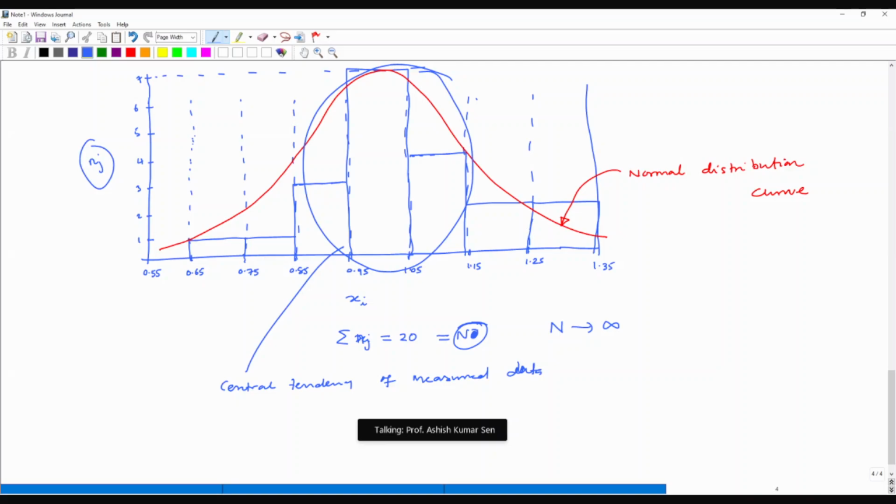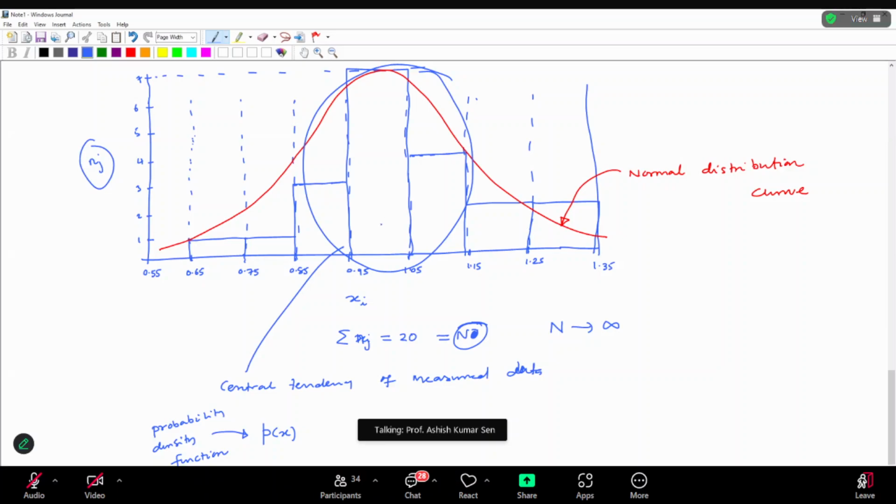Now, talking about the normal distribution curve, it is indicated by an equation where the probability P(x), okay, is called the probability density function, and we can get the definition of the probability density function from the histogram.